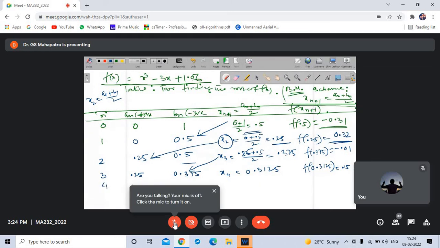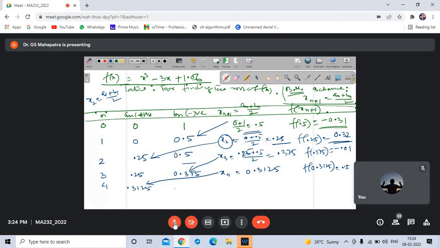So positive should be replaced. So 0.3125. Okay. And 0.375. x5 equals to 0.3125 plus 0.375 divided by 2.